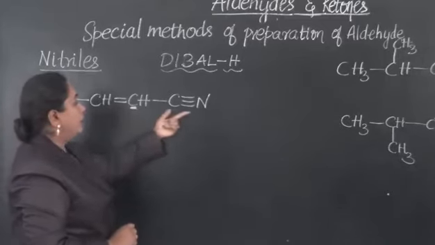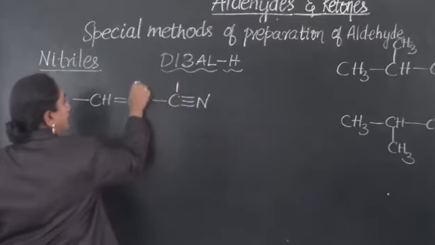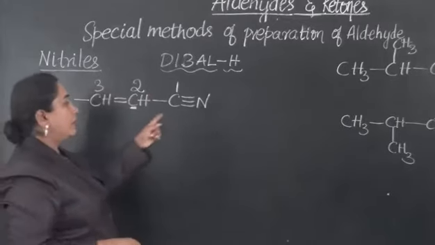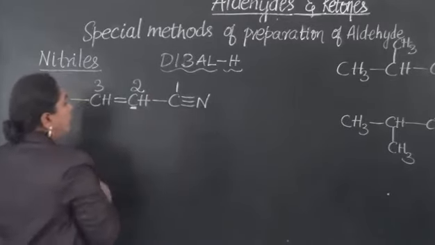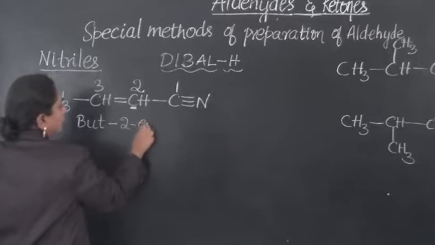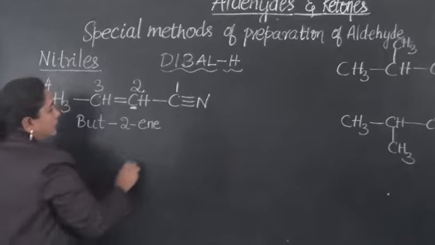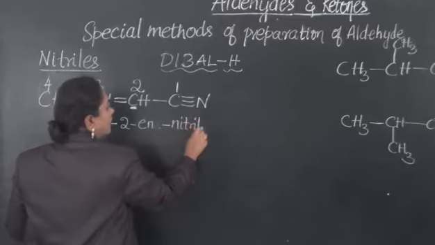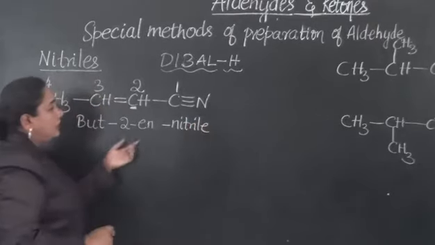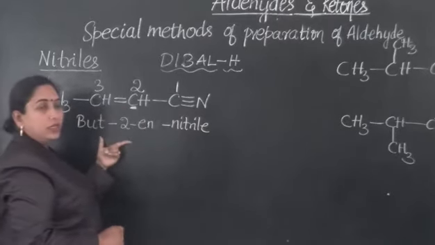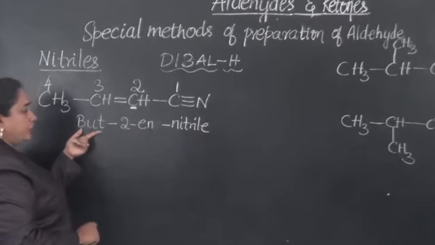Now we need to number from here, because we need to give the cyanide carbon the lowest possible number. Therefore our numbering goes from right to left. So the name of the compound would be but-2-ene nitrile, because we are accounting this carbon also as belonging to the parent chain. Therefore the root word that we are fixing is but.